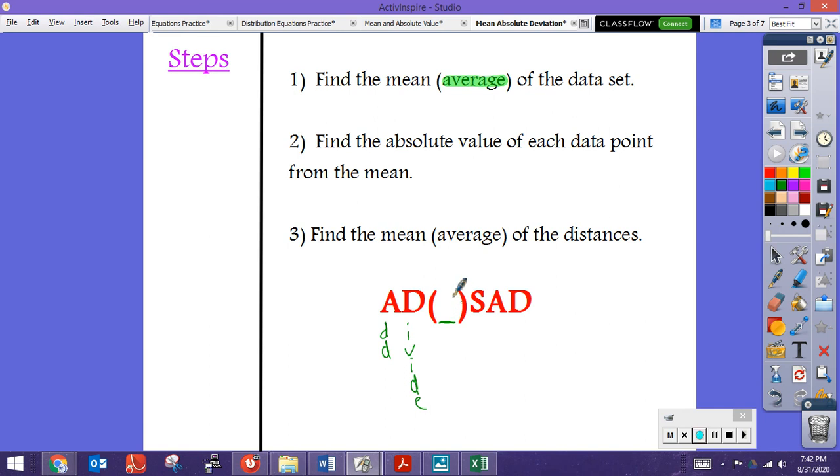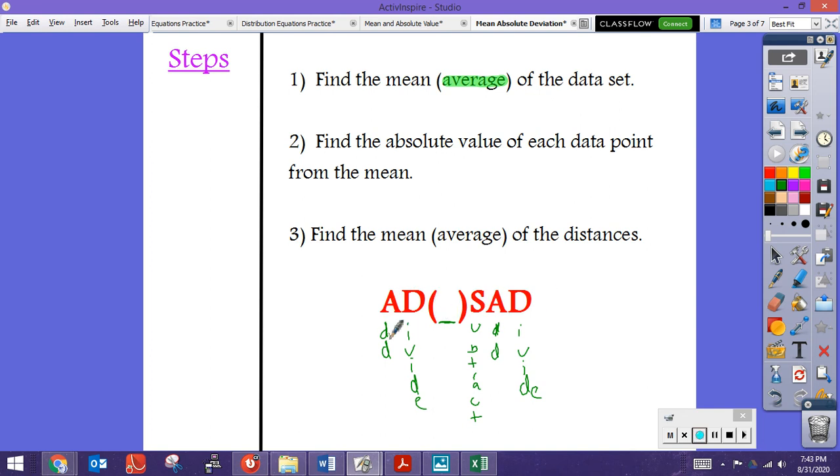And then you would use that number in the parentheses to finish off the SAD, right? SAD meaning you would subtract. That's the S. A meaning add. And D, right? So divide. So they're all operations. You're going to add, divide, come to a number, then subtract, add, divide, right?